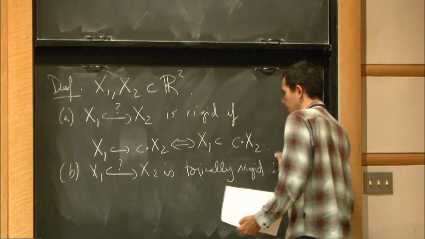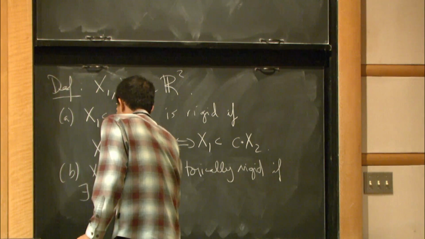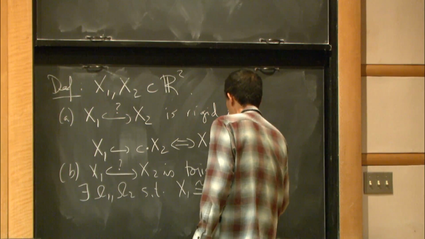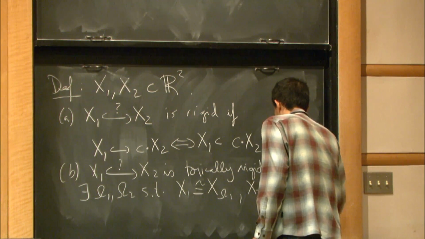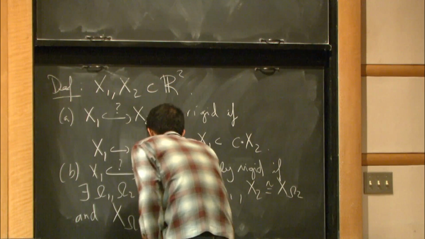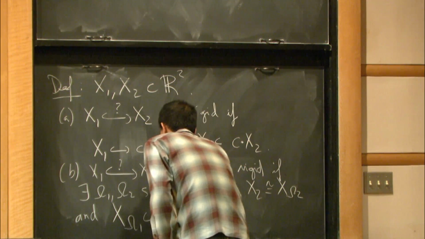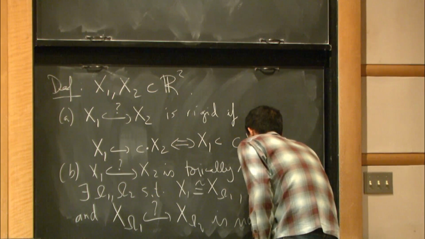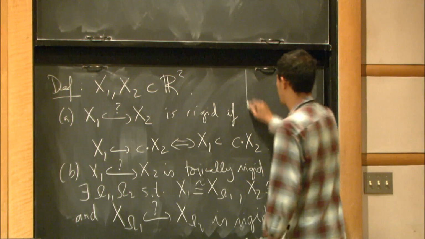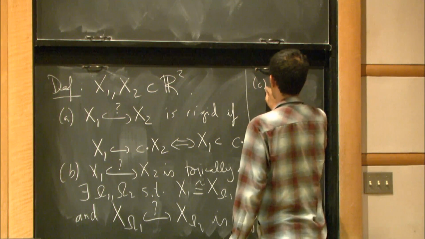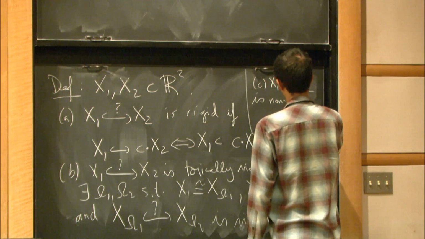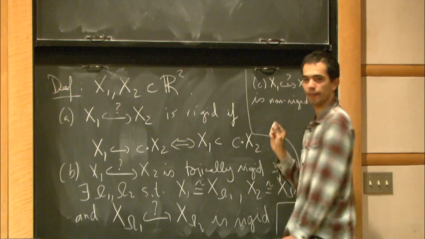So if there exist Omega_1 and Omega_2 such that X_1 is symplectomorphic to X_Omega_1 and X_2 is symplectomorphic to X_Omega_2, and the embedding of X_Omega_1 into X_Omega_2 is rigid. And I'm going to say, finally, that the embedding is non-rigid if it is neither.